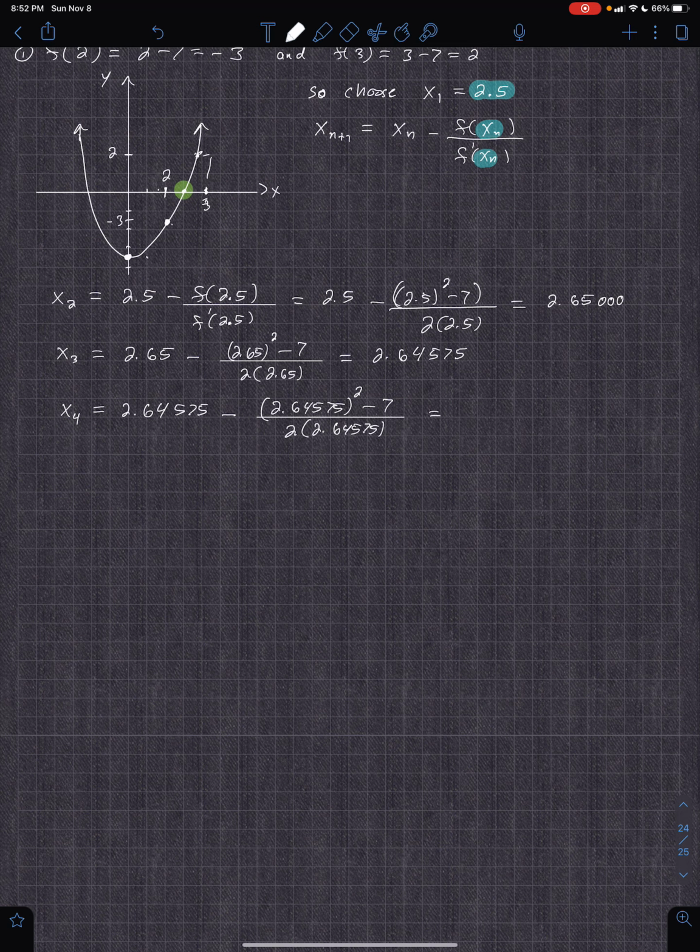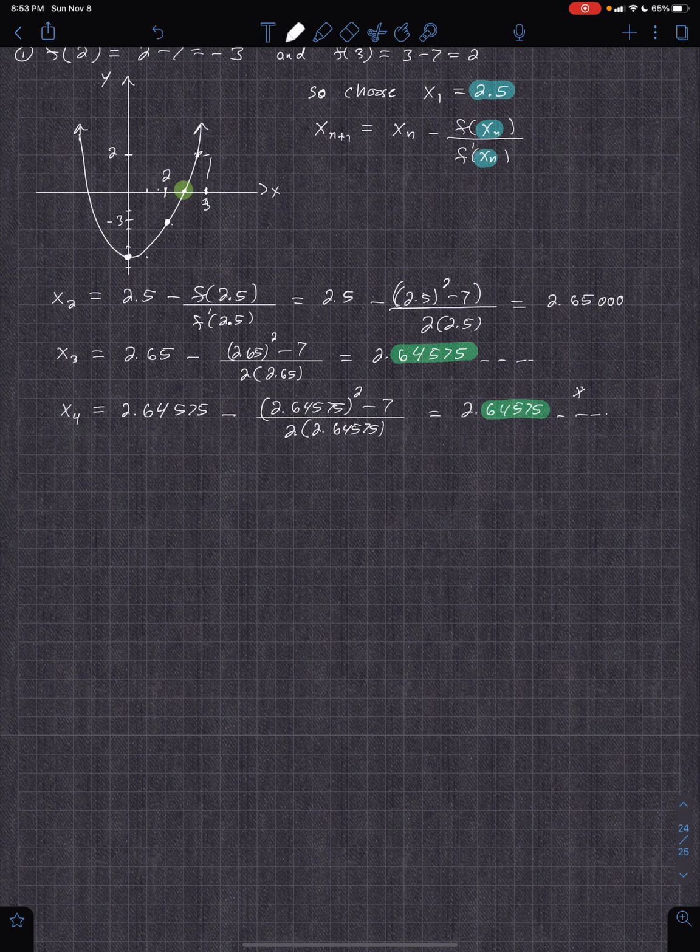Calculate that, and you'll get 2.64575, and then that repeated. Once that repeats like that, then you're good. I didn't do the whole calculation, but you get other digits here and here. But once you've repeated to 5 decimal places, you're done.